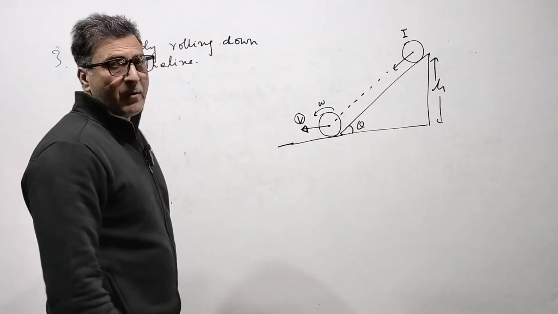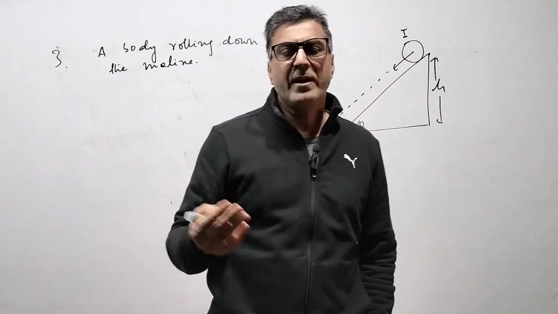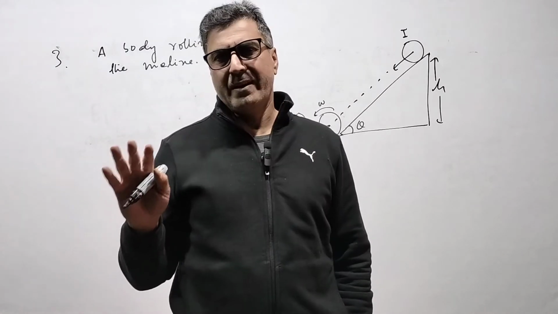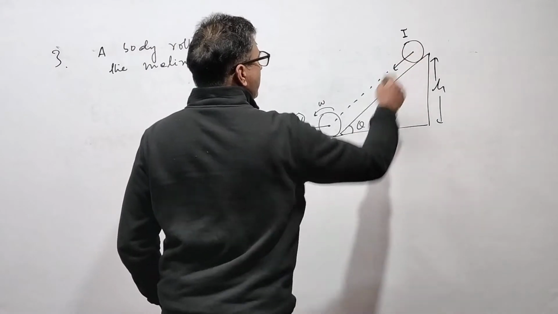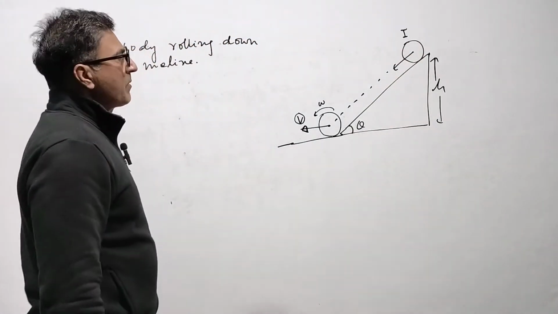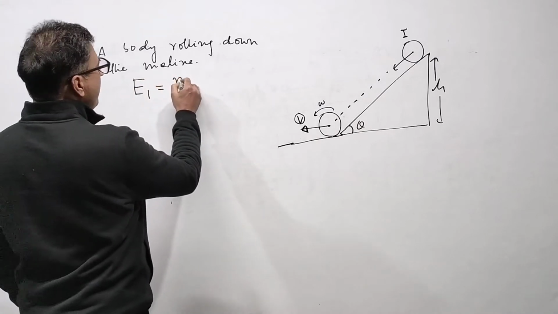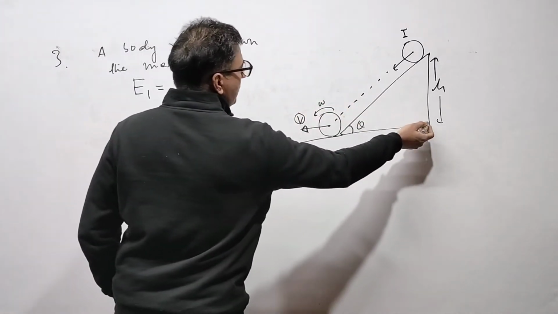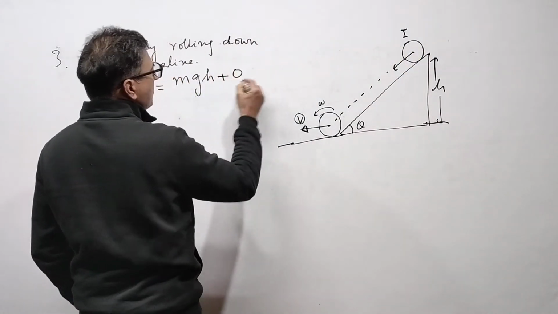So this body falls down to the ground under gravity, and gravity, as you know, is a conservative force, and the total mechanical energy will remain constant, right? So what is the energy at the top position? The energy at the top position, E1, let me suppose, is mgh, that is potential energy from the ground position, plus kinetic energy, that is 0.